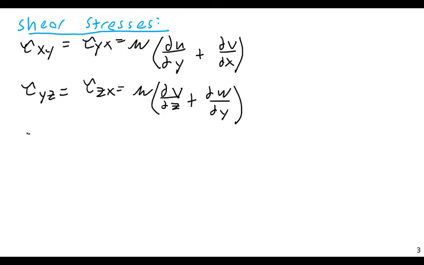And then tau zx is equal to tau xz, and this is equal to mu times the partial of w with respect to x plus the partial of u with respect to z.